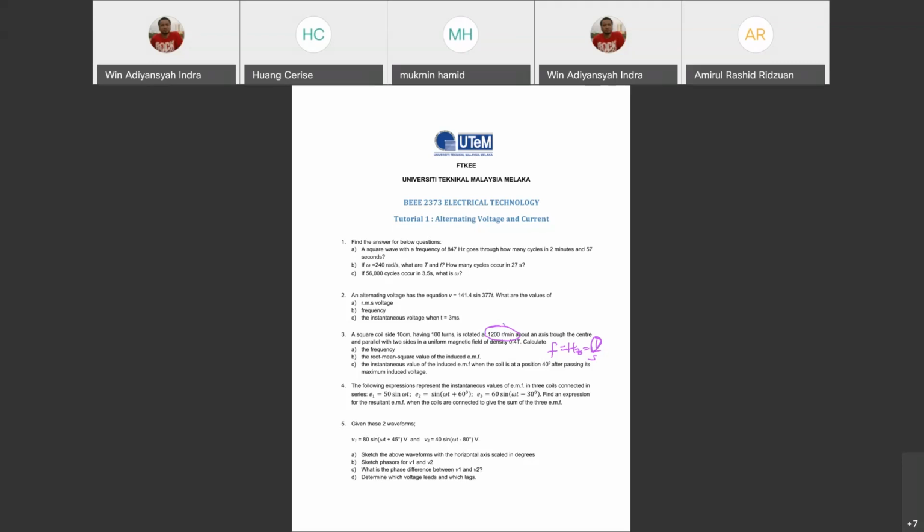So in this case, it is stated 1200 rounds per minute.